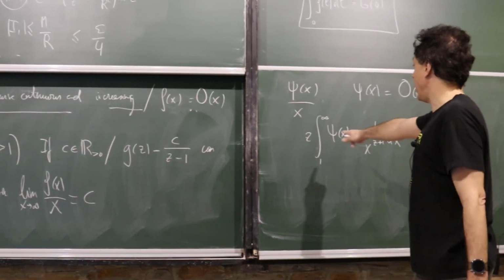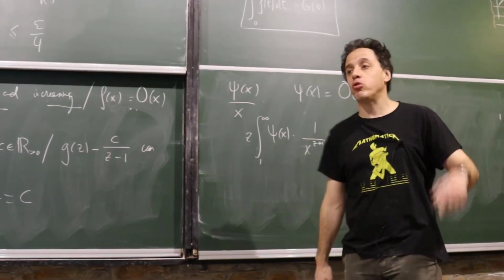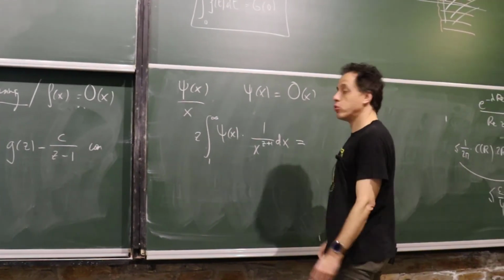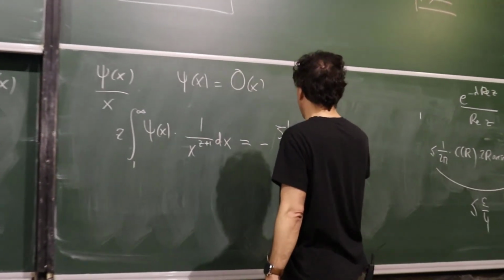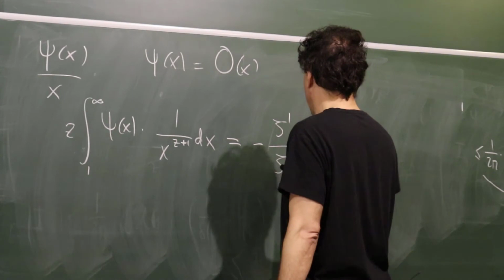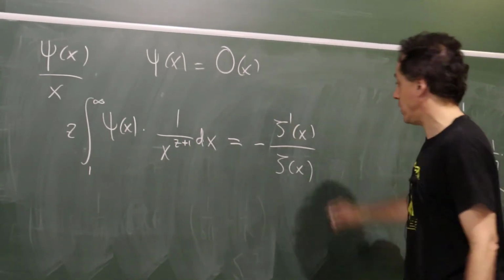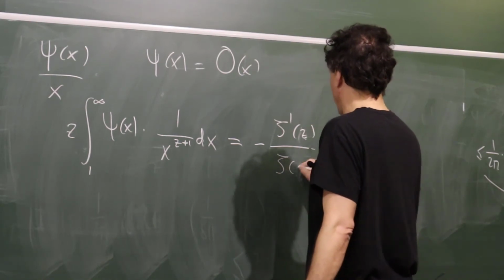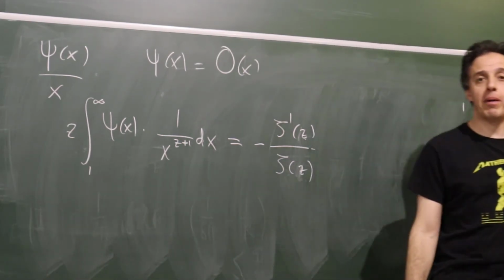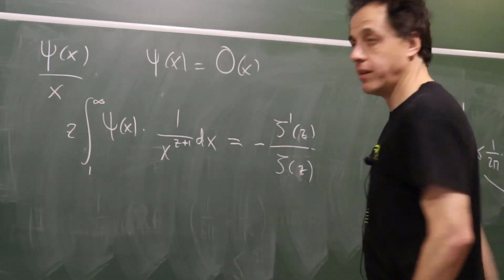Because remember that in a previous lemma we had shown that this was equal to minus zeta prime of z over zeta of z.